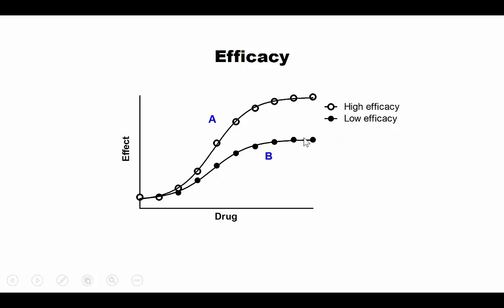This difference we call efficacy. So molecule A has a higher potential maximum, and this molecule has higher efficacy than B, we call. If A has 100% efficacy and B has only 60% efficacy, maybe you can say B is a partial agonist for A.